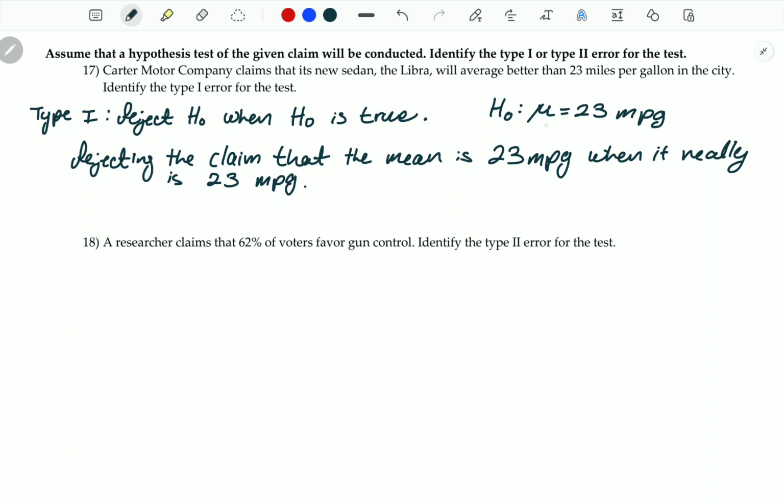We rejected the null hypothesis when in reality the null is true. This is going to be my preferred answer.